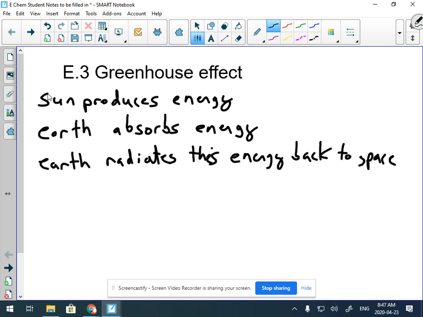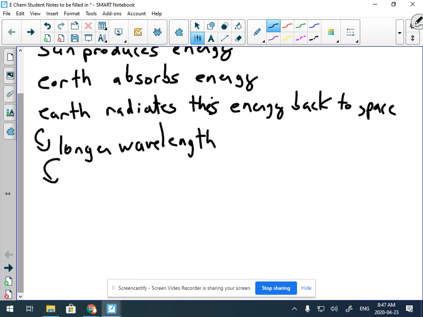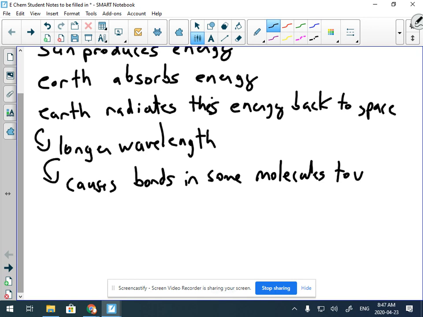And the energy that it radiates back to space is a longer wavelength. And what that longer wavelength does is the longer wavelength causes bonds in some molecules to vibrate.